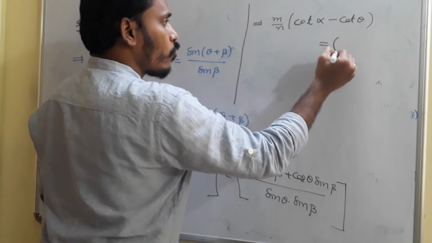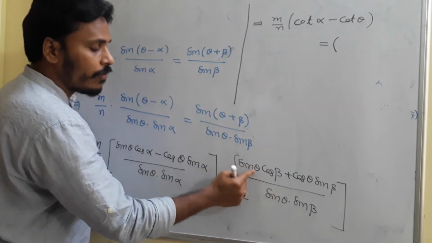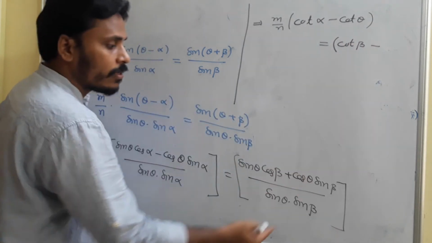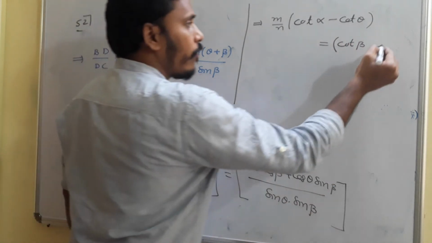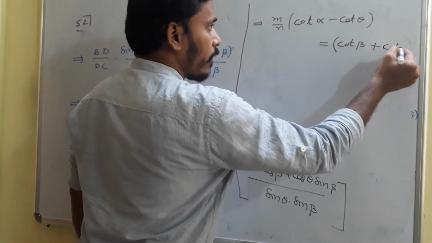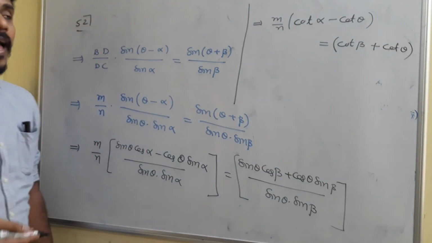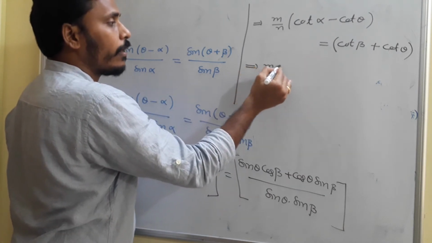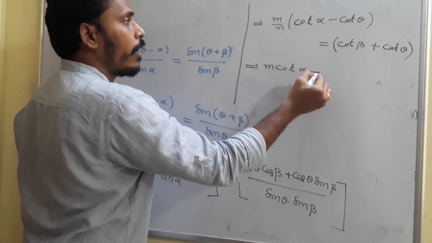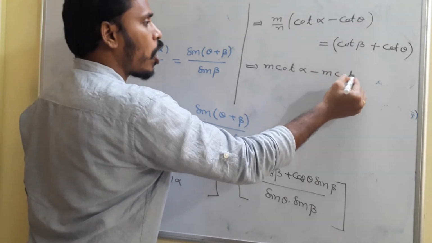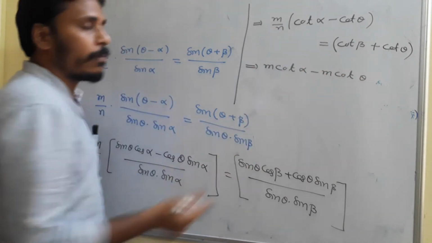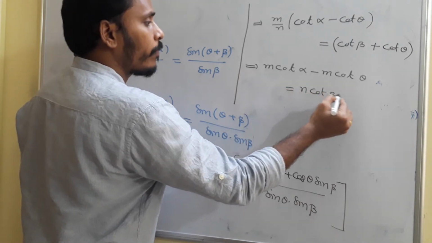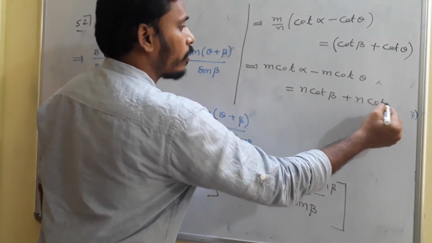This is equal to the right side, sin theta if it cancels, you are left with cot beta, minus sin beta if you cancel it, you are left with plus cot theta actually. So at the end I have M by N this value and that. So multiply with M: M cot alpha minus M cot theta. Send this N to that side and multiply with N. You get N cot beta plus N cot theta.